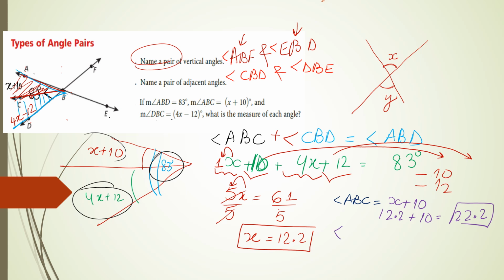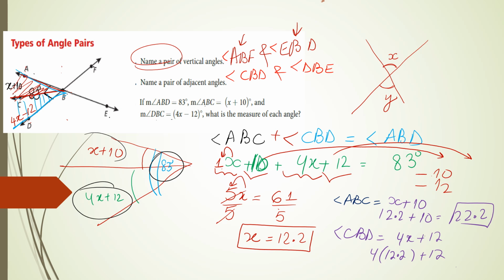Now the next angle is angle CBD. CBD is 4x plus 12. Replace the x by 12.2 and write the other values as they are. So write in the calculator 4 multiplied by 12.2 plus 12. It will give you 60.8. It should not give you that.